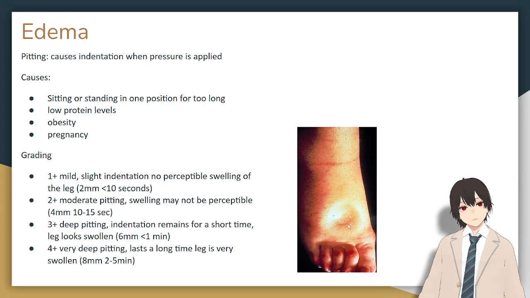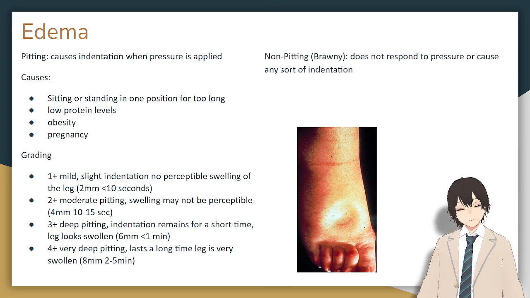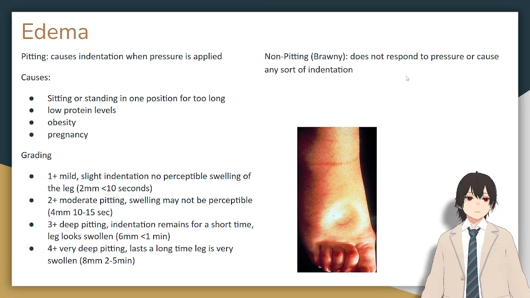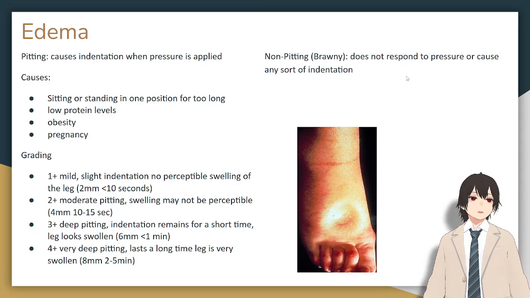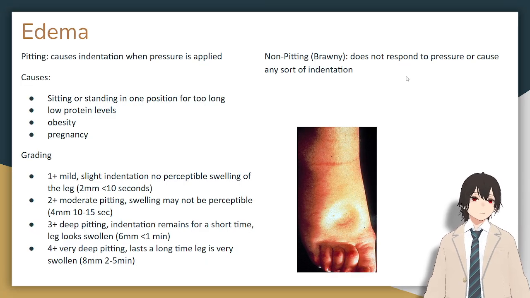Sometimes, and this is a picture. If you were to eyeball it, you could probably say like 2 or 3, right? And then non-pitting is when it's brawny. It means that the edema is still there, but it does not respond to any pressure or cause an indentation. It sometimes has a brownish or darkish discoloration.